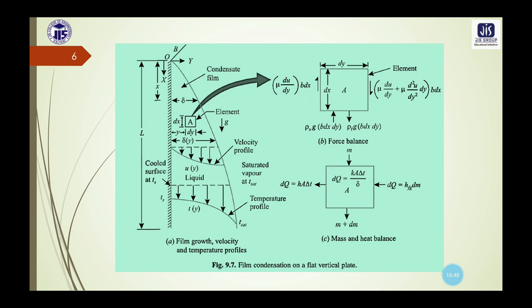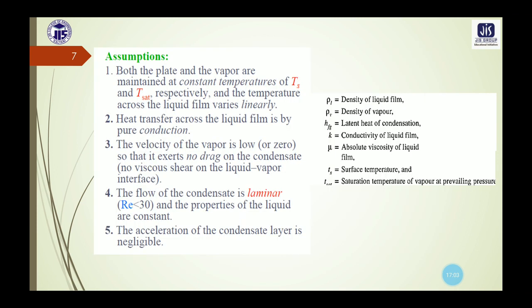Now in this film condensation on a vertical plate, there are different assumptions that we need to consider for the derivation of the different formulas associated with it. What are those assumptions? Both the plate and the vapor are maintained at constant temperatures of T surface and T saturated respectively, and the temperature across the liquid film varies linearly.